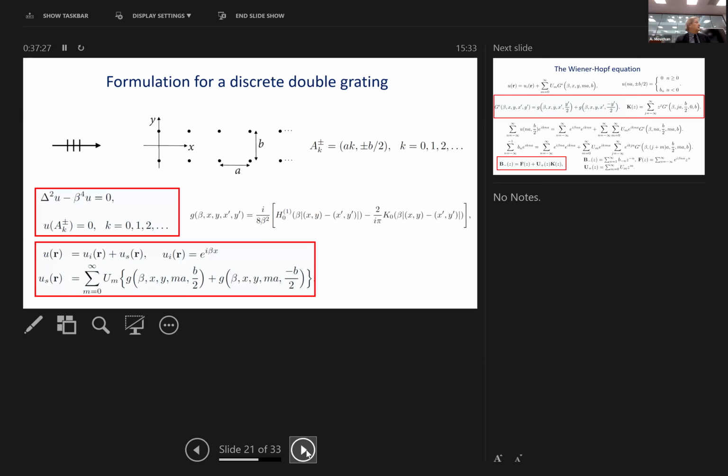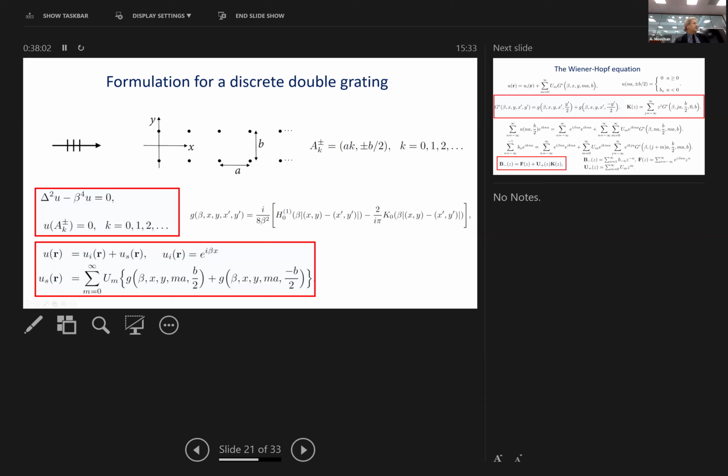So similar formulation, exactly as before, but now I have two gratings, and the problem is symmetric, so I'm sending only the plane wave along the x-axis. So it's the same equation, delta squared, that's my biharmonic operator, beta is my spectral parameter, u is the flexural displacement, that's out of plane displacement. And my displacement is represented as the sum of the incident field, which is plane wave, and the scattered field.